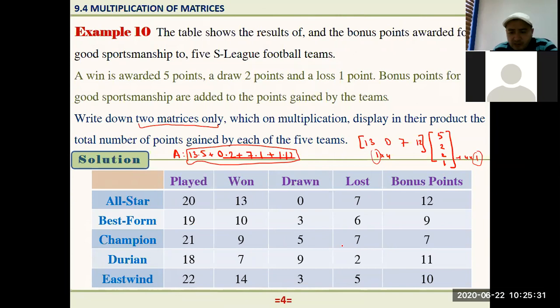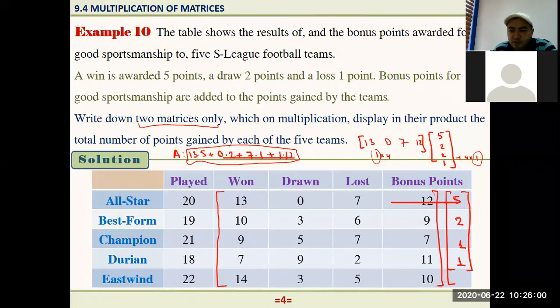Okay, so to do this, what do I write? Here I will write this matrix, that is our matrix. And here we have 5, 2, 1, and 1. This is a 4 by 1 matrix.